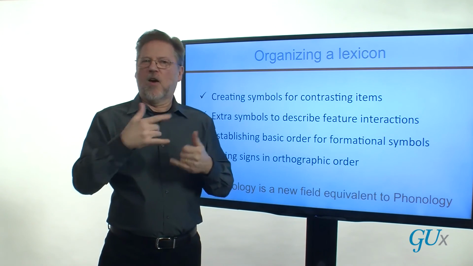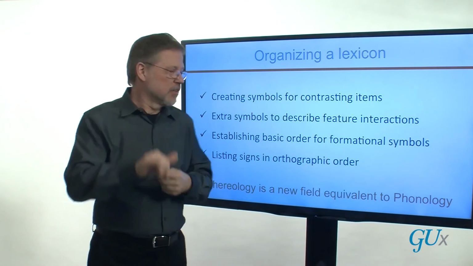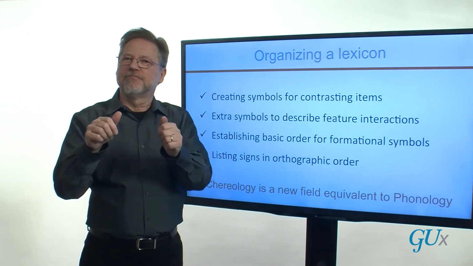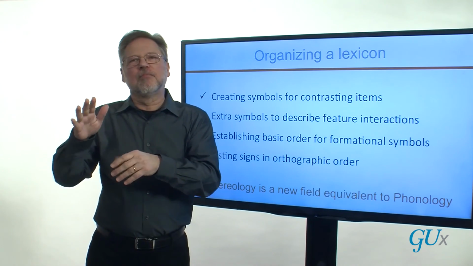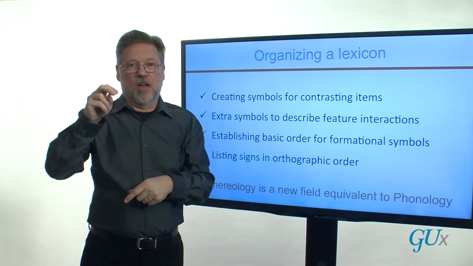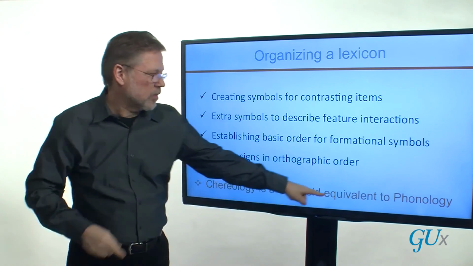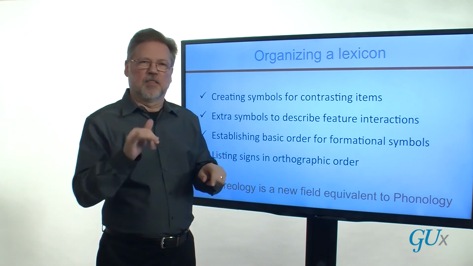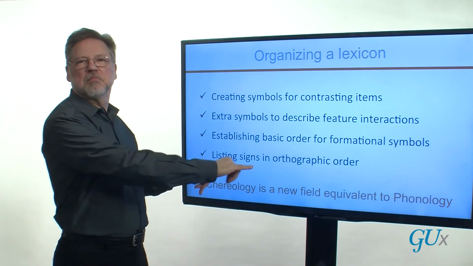Since the components of signs had been identified, they coined the term chirology. Now, a parallel existed for the study and analysis of the components of spoken language, called phonology, which is for sound. For signing, which is visual, the study of its visual components was now called chirology, a new field equivalent to phonology.